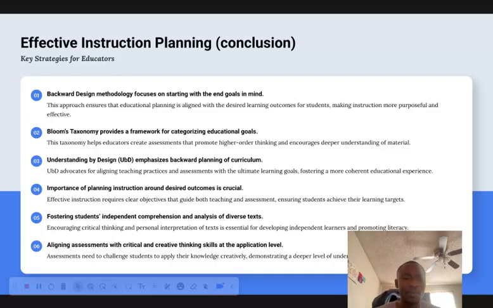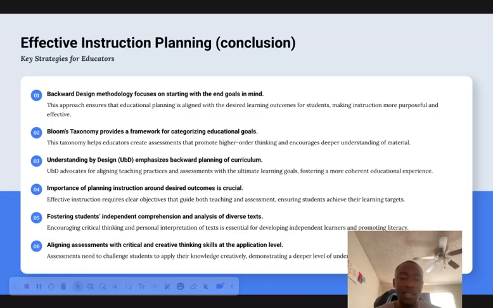so that it helps our educators create assessments that promote higher order thinking and encourage deeper understanding of the study material. Number three, we need to understand the UBD, which advocates for aligning teaching practices and assessment with ultimate learning goals, helping us foster more coherent educational experiences.